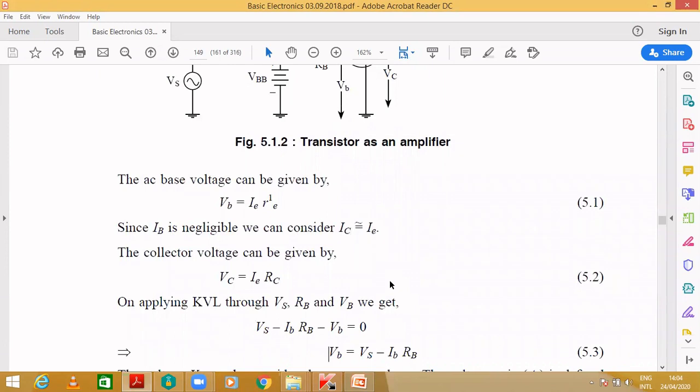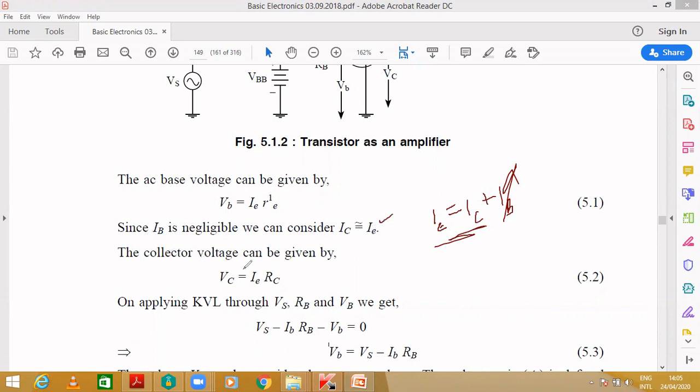If IB is neglected, you already know the formula: IE equals IC plus IB, because I'm using a CE amplifier. If IB is neglected, what is left? IE equals IC.